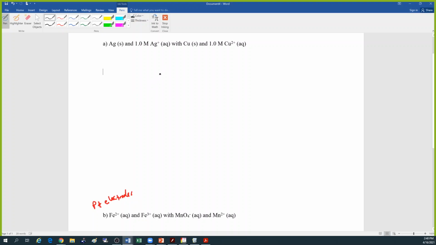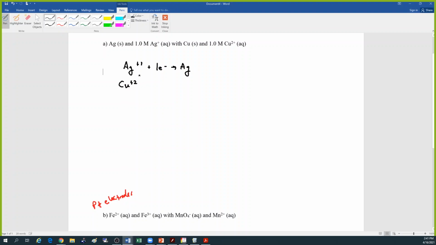I first found the potentials from the table based on the changes that they gave me, like from the silver solid to the +1 ion, and then same thing for the copper. And then I compared their potentials to figure out which one was the anode or the cathode.